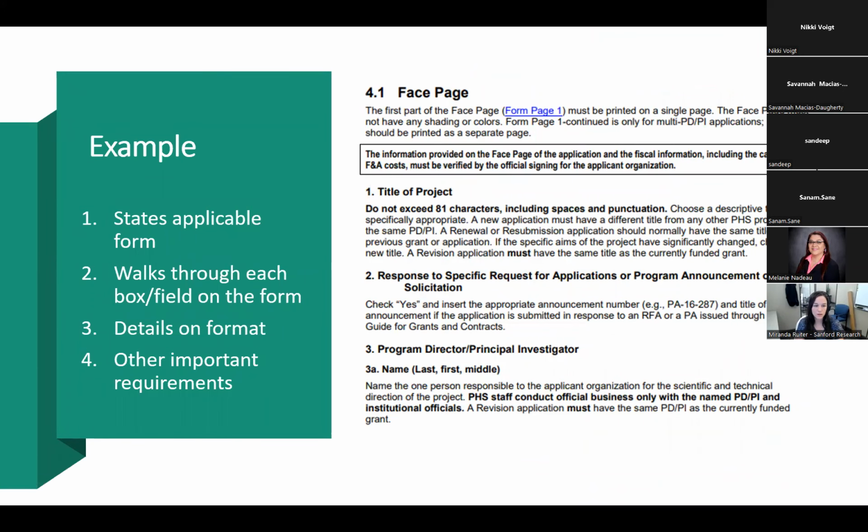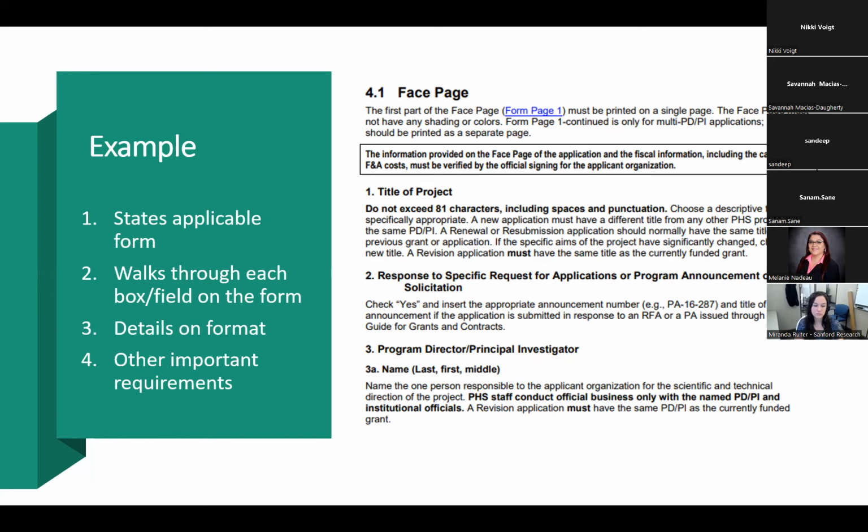So I just wanted to bring up an example of those step-by-step instructions that are provided in that guidebook. I just really want to emphasize how useful this guidebook is. And so this is for that form page 1, that face page. It's the very front of your grant application.